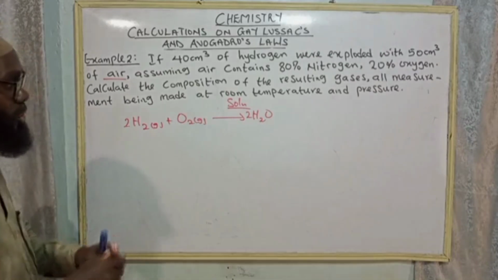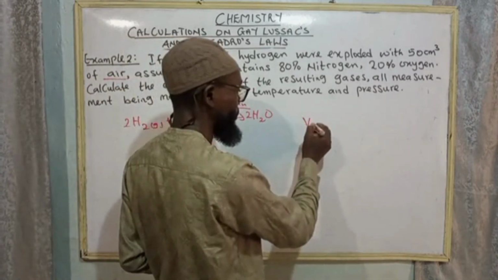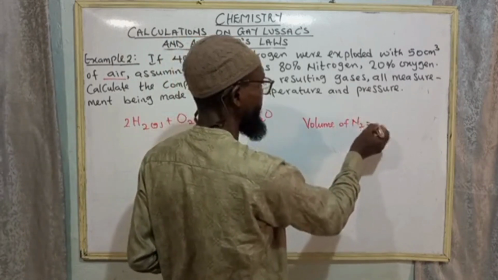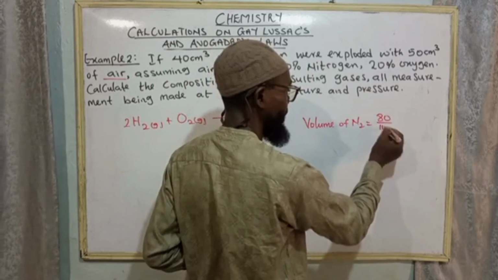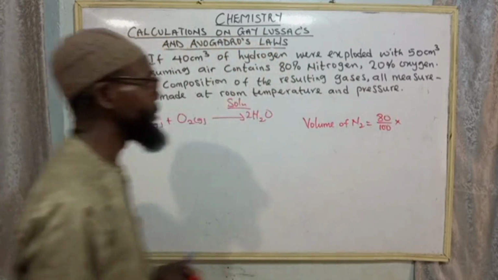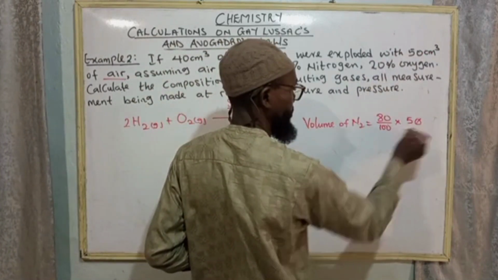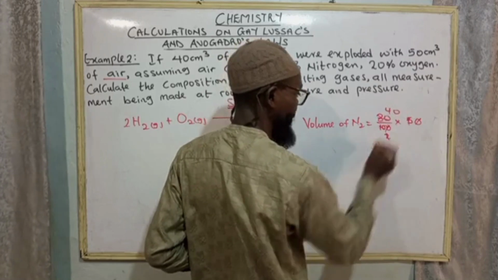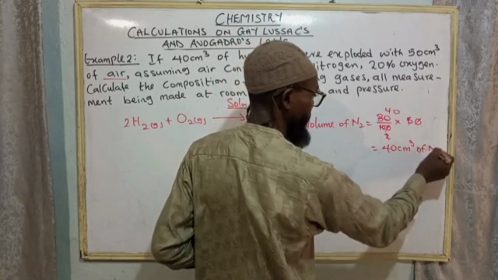Okay, let us move in this direction. Volume of nitrogen will be 80 over 100 multiplied by the volume of air, which is 50. So we have 40 centimeter cube of nitrogen.